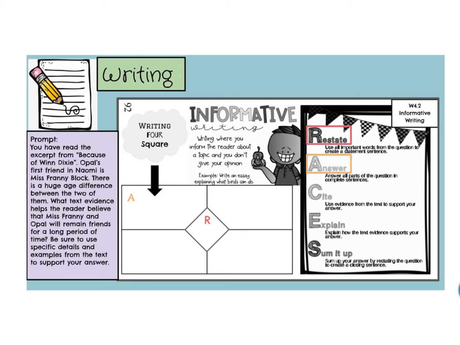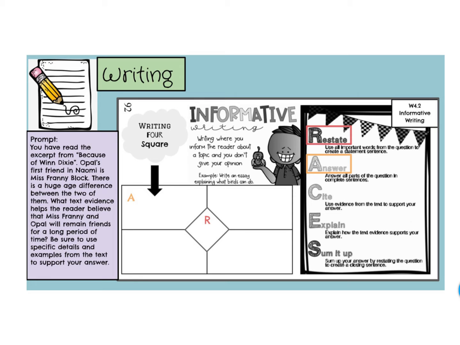So now I'm going to go back to the prompt, and I'm going to find the most important parts of the prompt to include in my R. So I'm noticing the prompt says, in purple, you have read the excerpt from Because of Winn-Dixie. Opal's first friend in Naomi is Miss Franny Block.